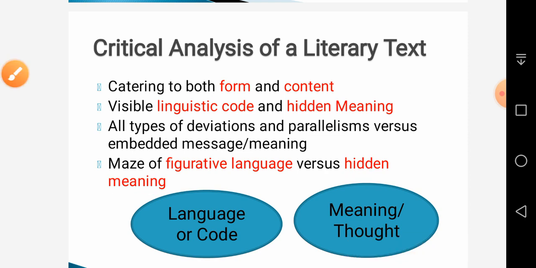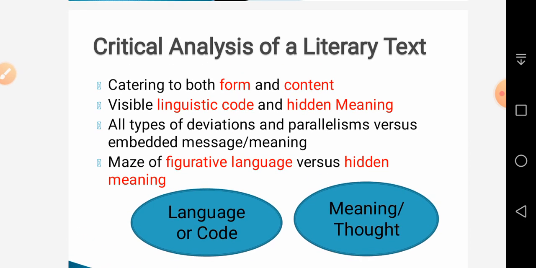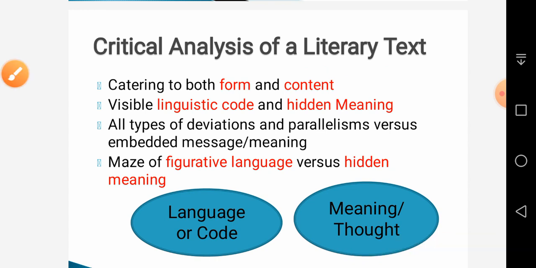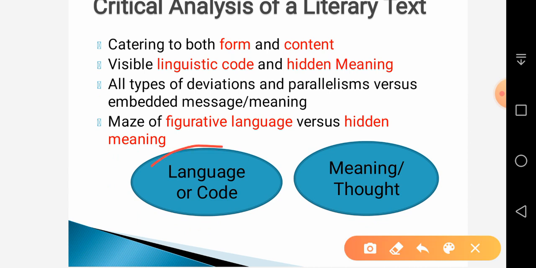So we can sum up that a literary text, a literary discourse, a piece of literary worth has language or code and meaning or thought or message. So there are two elements in a literary text.